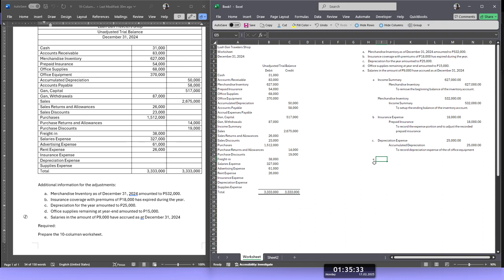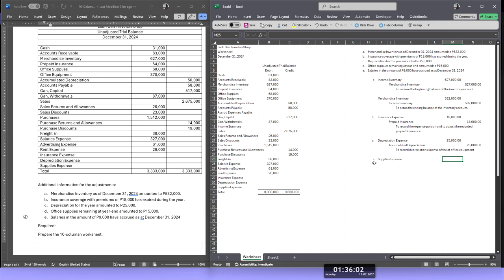The used portion is recorded using the supplies expense account, and it is computed by deducting the unused or remaining office supplies at the end of the year from the total supplies available for use during the year.